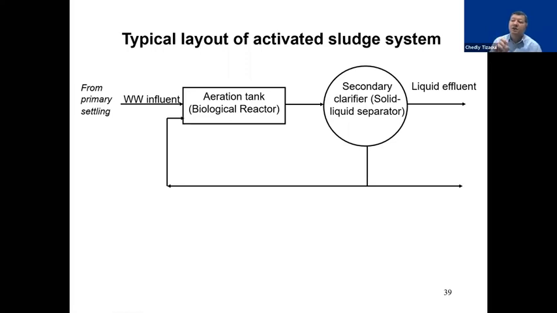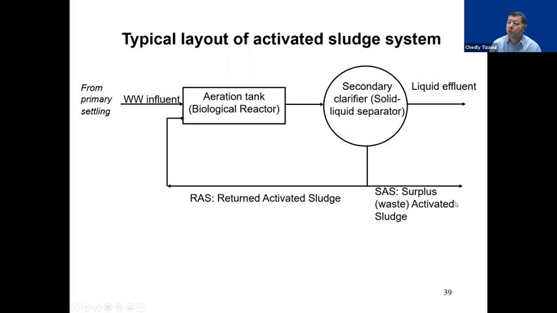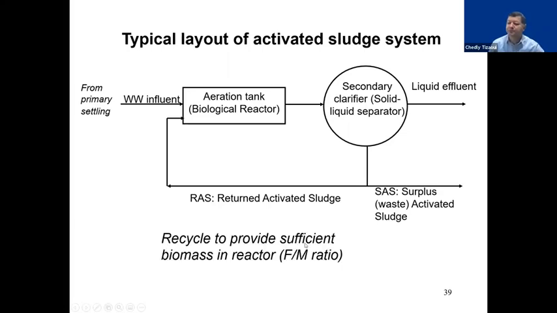If you want, that's the patent, how they got around this system, is to recycle a fraction of that material back to the aeration tank. That is called the returned activated sludge. And this is the waste activated sludge or surplus activated sludge. The recycle has to be properly designed in order to provide sufficient biomass in the reactor, and that involves getting that food to microorganisms ratio correct.